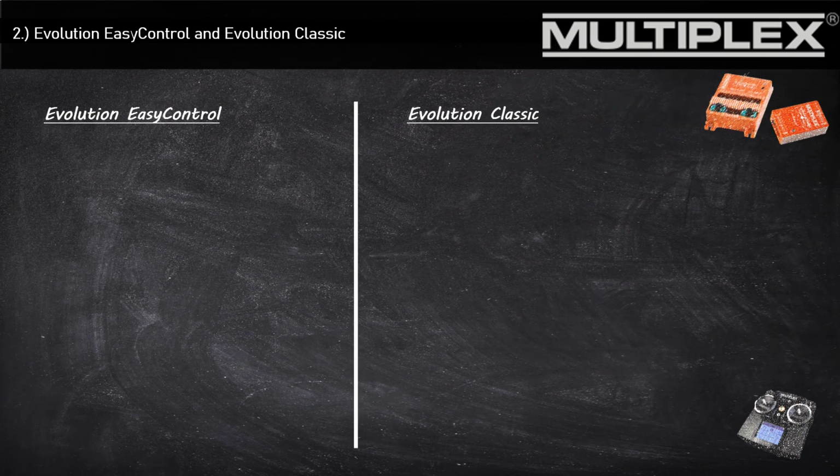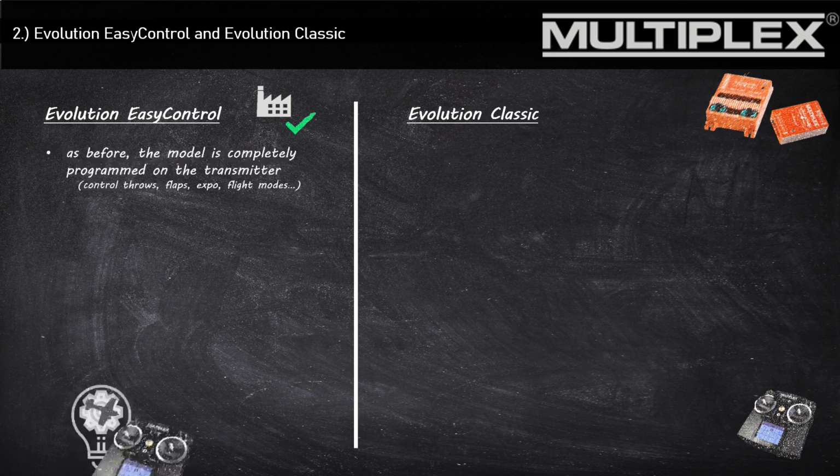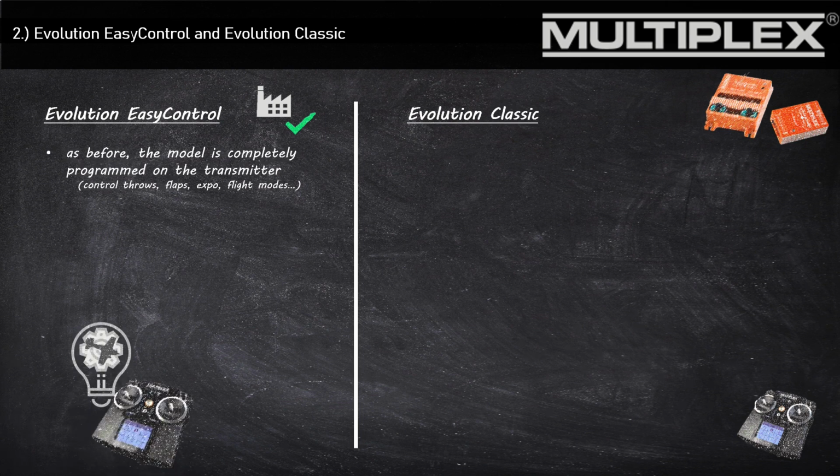In principle, even with Wingstabi Evolution, nothing has changed. We still have our Easy Control and also our Classic variant. The only new thing is that every new Wingstabi Evolution you buy comes automatically with the Easy Control variant. That means, as before, the model is completely programmed on the transmitter.